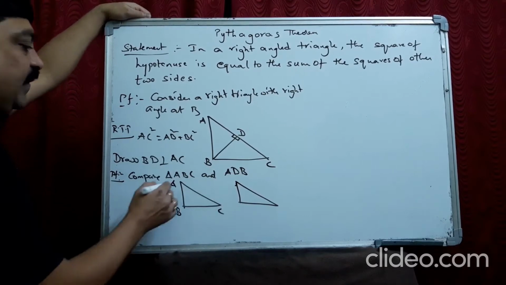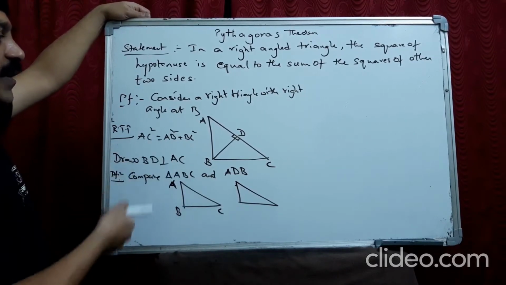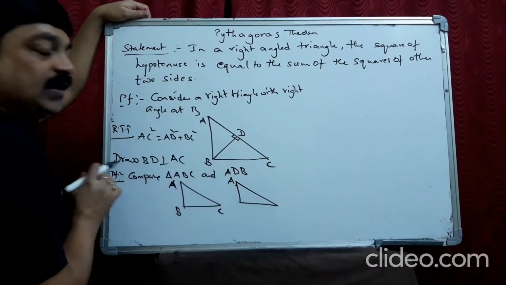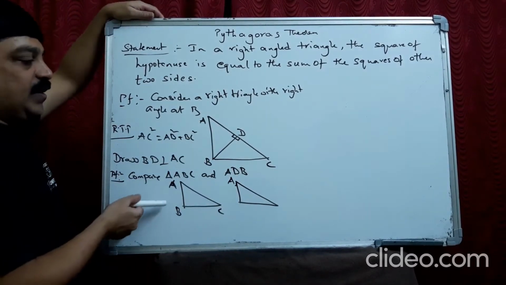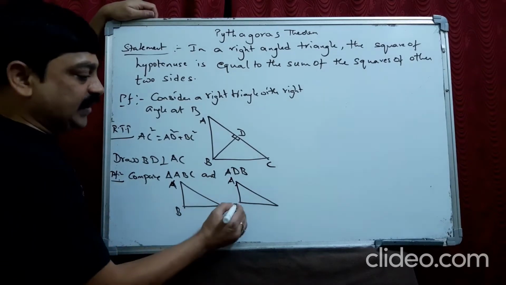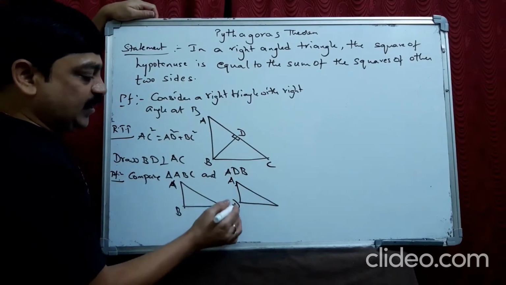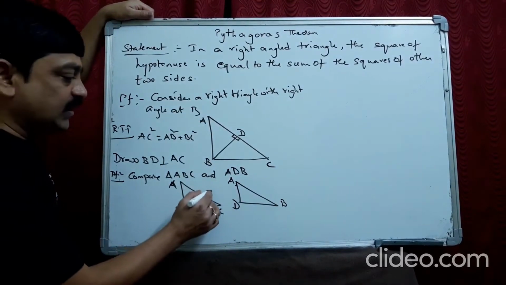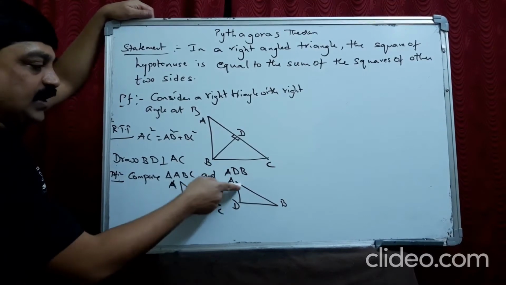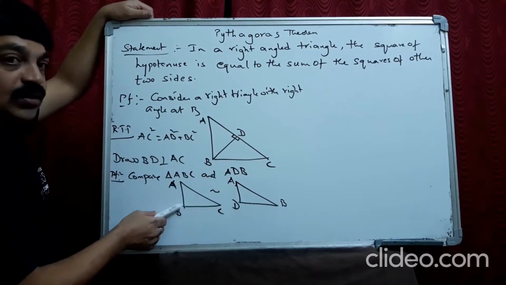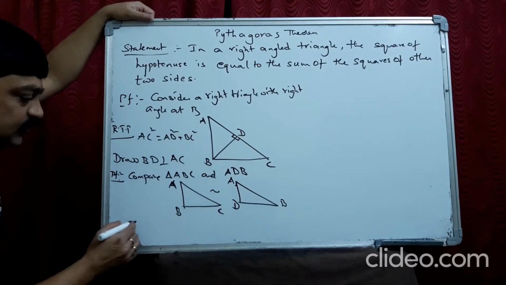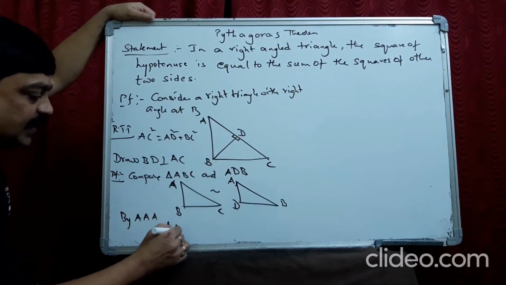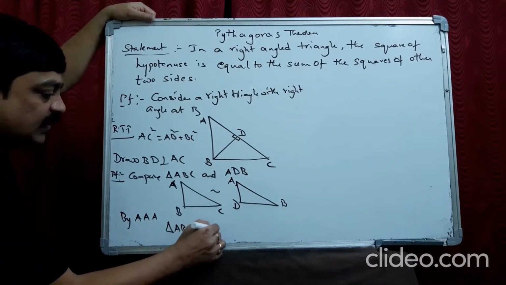ABC and ADB: the common angle is A, the right angle in ABC is B and the right angle in ADB is D. So these two triangles are similar. Why? Angle A is common, and the right angle is in both. So by triple A similarity, triangle ABC is similar to triangle ADB.